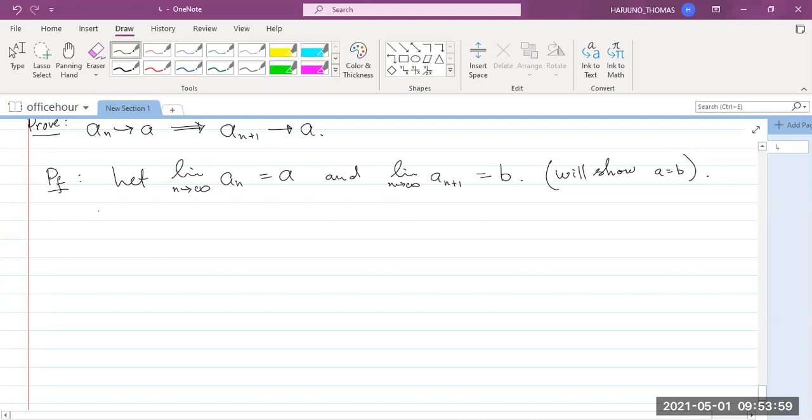By definition, for every epsilon positive, you choose that epsilon, there exists a capital N such that every time n is greater than that capital N, we get this situation.